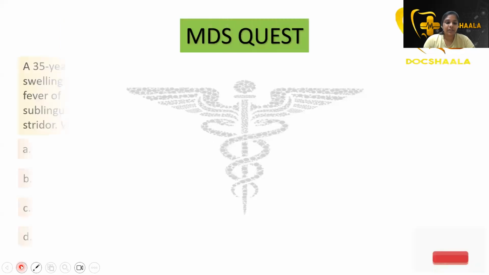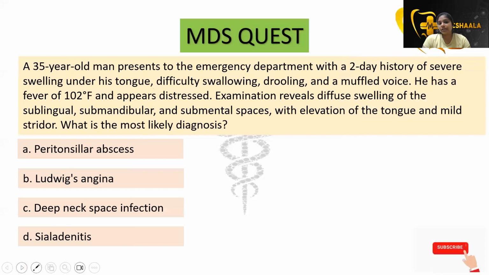Then, coming to the question: a 35-year-old man presents to the emergency department with a 2-day history of severe swelling under his tongue. There is difficulty swallowing, drooling, and a muffled voice. He has a fever of 102 degrees Fahrenheit and appears distressed. Examination reveals diffuse swelling of the sublingual, submandibular, and submental spaces.